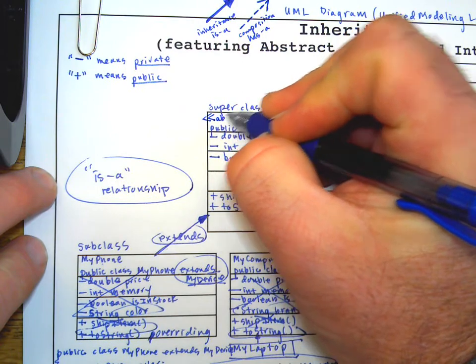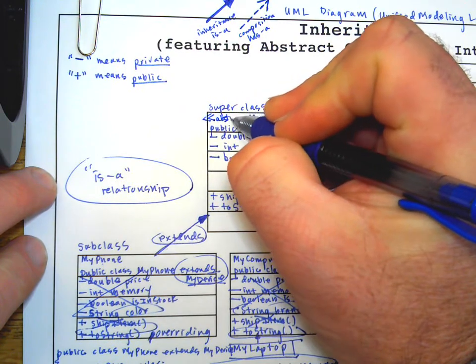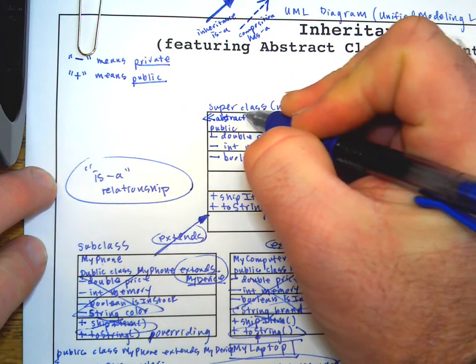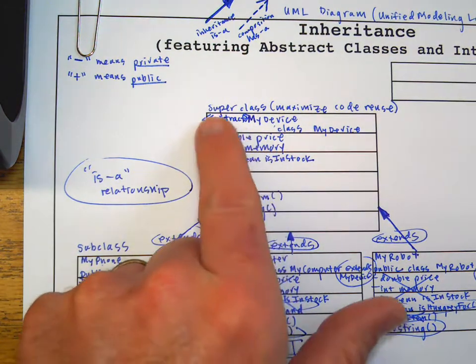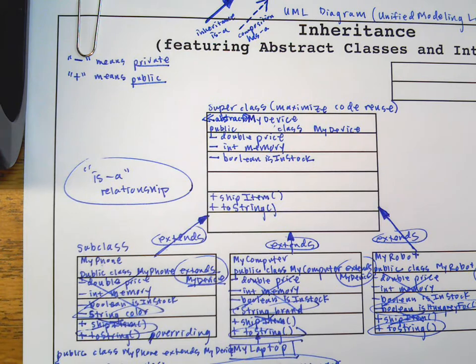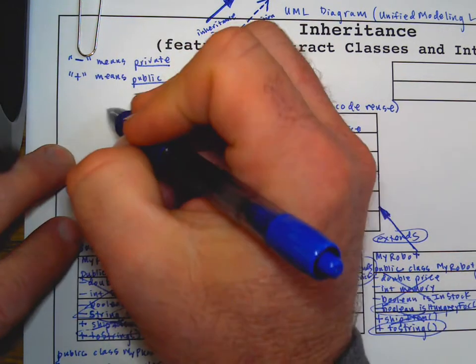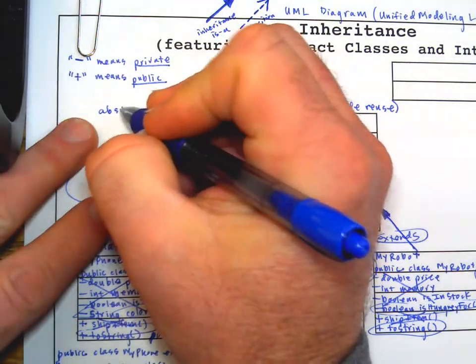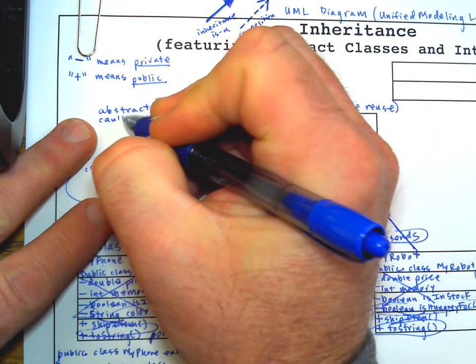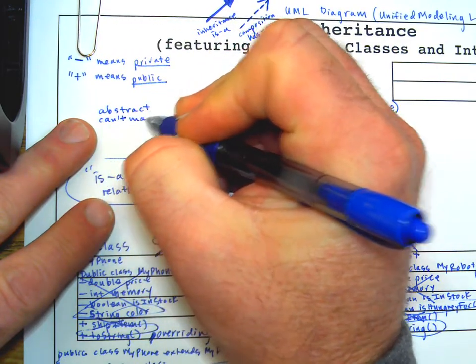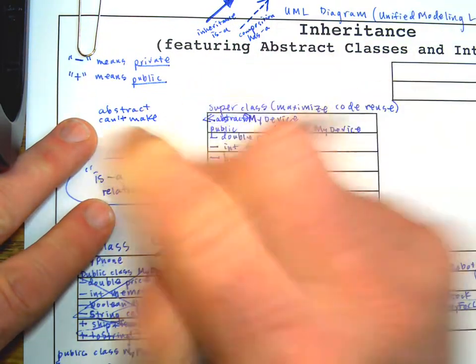In our diagrams in BlueJ, it's going to add this, and this is what we could add to our UML diagram. We put abstract in these double brackets. What abstract does is it prohibits you from making specifically a my device object.